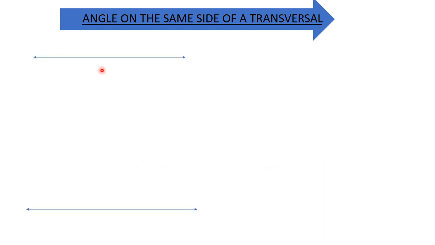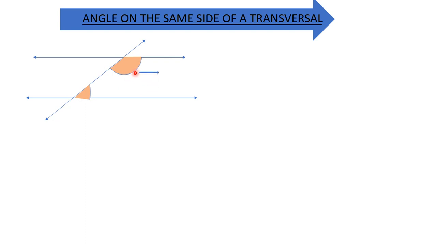So if the two lines are there, and we take this angle and this angle, both these angles are on the same side of a transversal. This is the transversal line and both angles lie on the same side. This side is the right hand side. If these two angles are on the left hand side also, that is again one more pair of angles on the same side of a transversal.